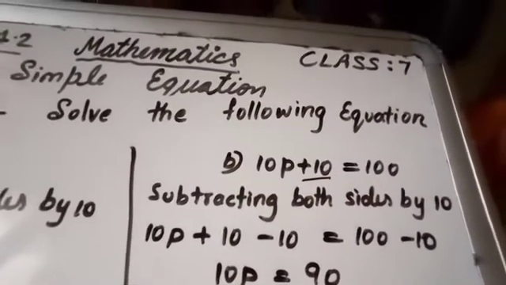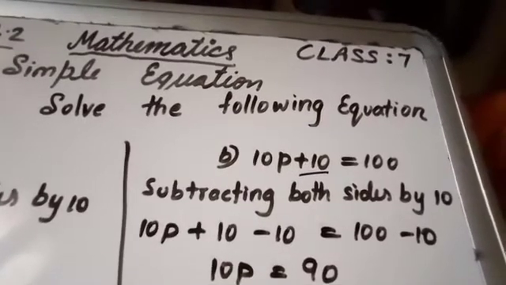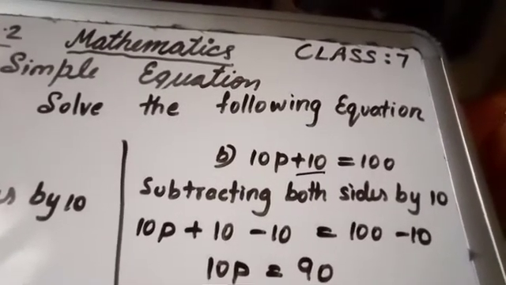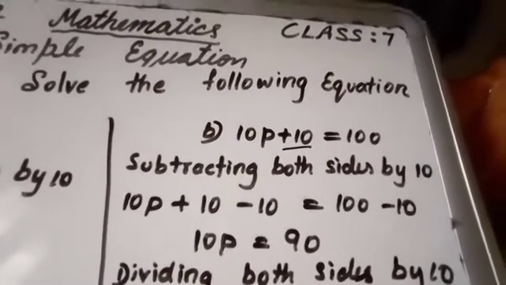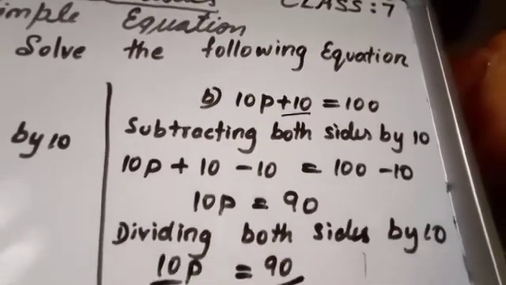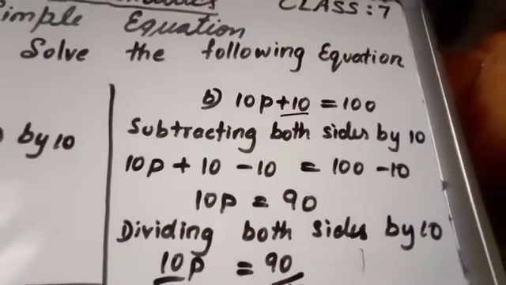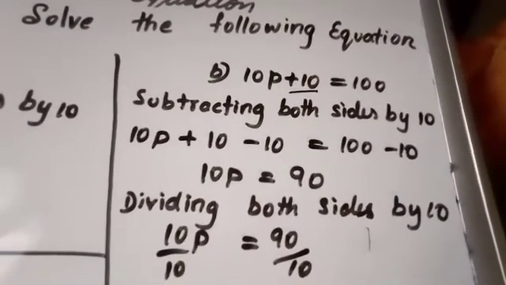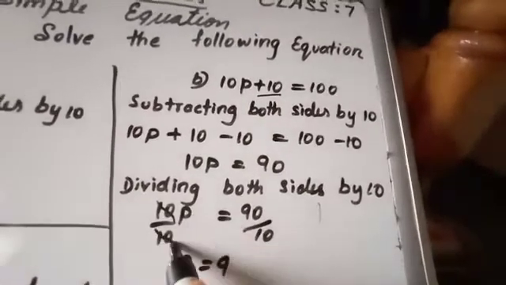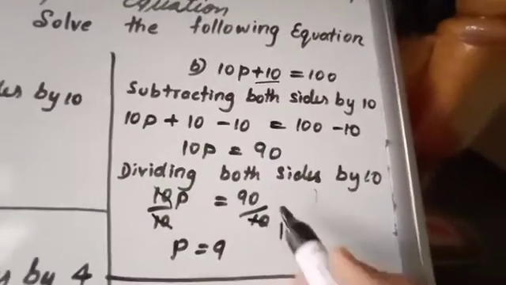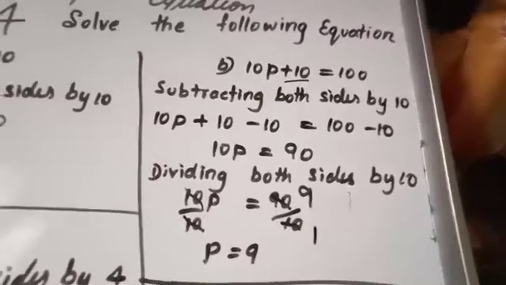Now again with the p there is 10, so it is multiplied by 10. If we divide both sides by 10, 10p divided by 10, 90 divided by 10. The 10 gets cancelled. 10 nines are 90. So p is equal to 9.